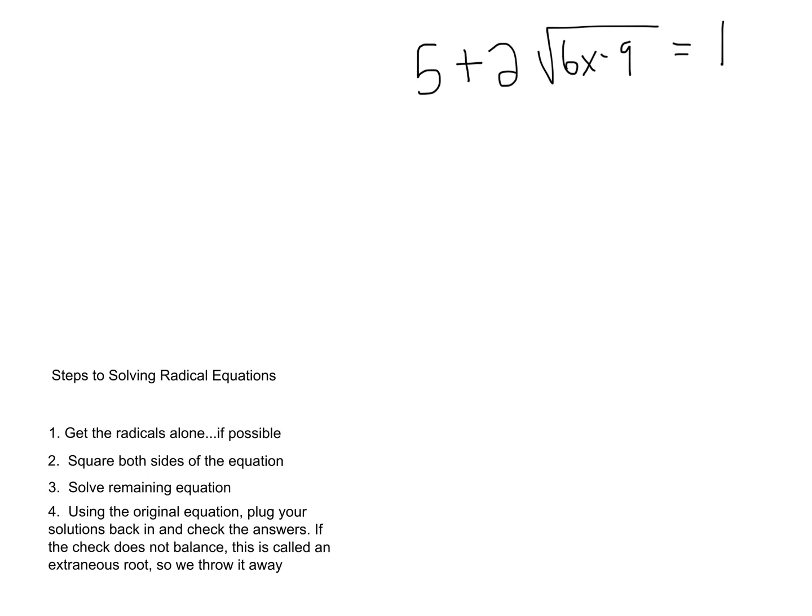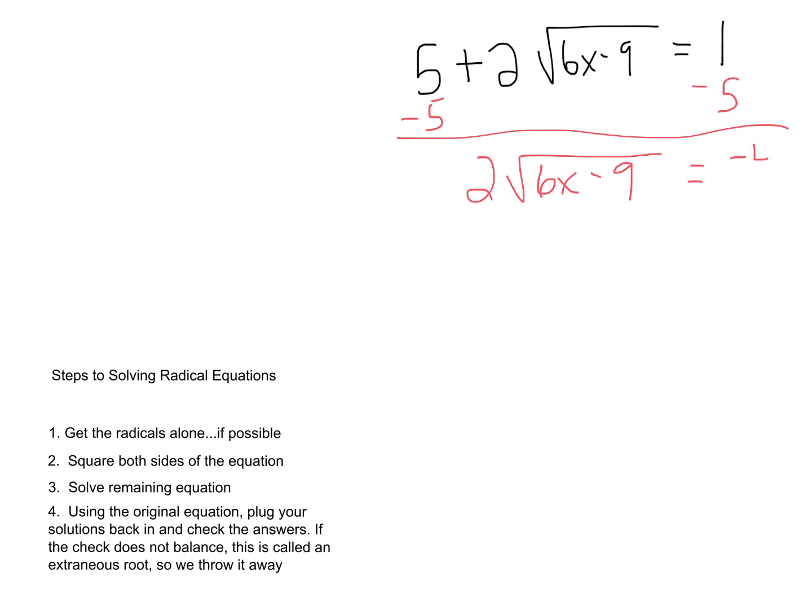Alright folks, here we go. So let's start off. First thing I need to do, so it's minus the 5. So 2 radical 6x minus 9 is equal to negative 4. Okay, now we're going to divide by 2. Radical 6x minus 9 now equals negative 2.